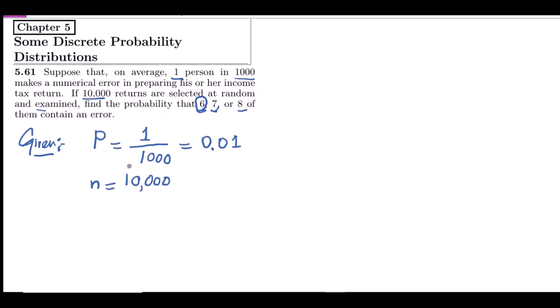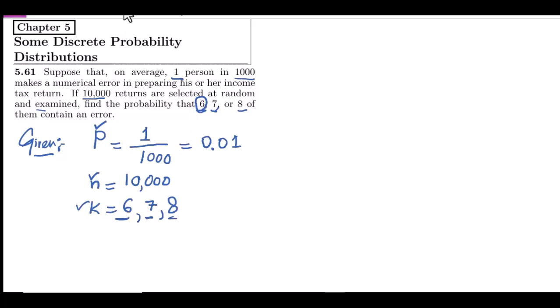So here we have the sample of 10,000 given, and from it I have to find the documents which contain 6, 7 or 8 errors. Clearly it is a problem of binomial probability, where we have the probability, the total number of samples, and the number of samples we want to find.